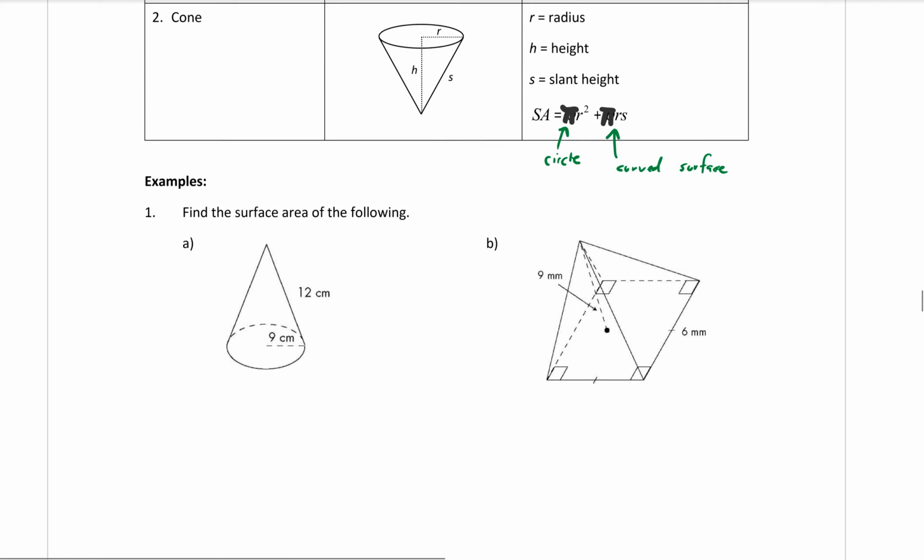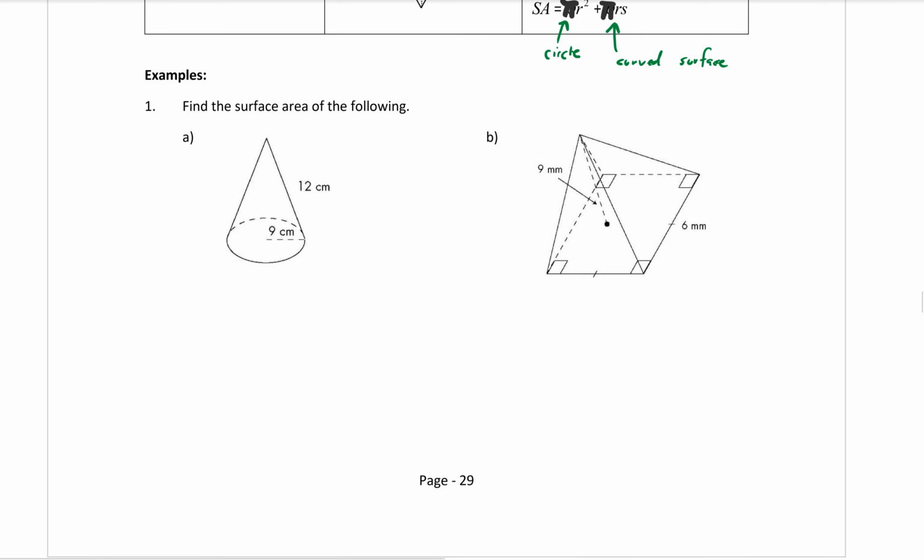Example number 1, find the surface area of the following. The first shape is a cone, so we write the cone formula down. Surface area equals pi r squared plus pi r s. Do I have the slant height? Yes, this one here is the slant height, the 12.